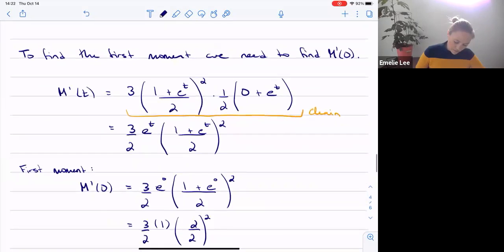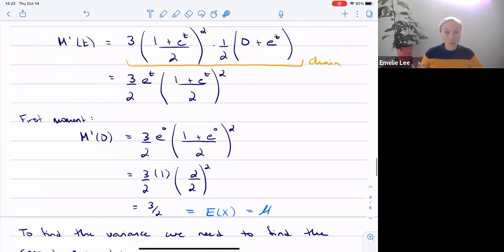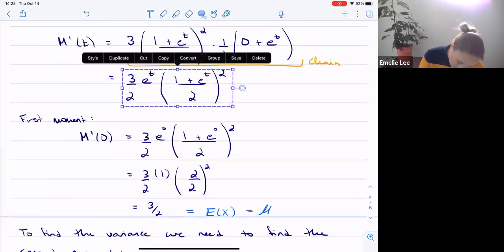Now remember, that's going to be the derivative of the first derivative. So now we just keep taking the derivative, and it's going to get nastier and nastier, right? But it works. So here, let me just copy this.